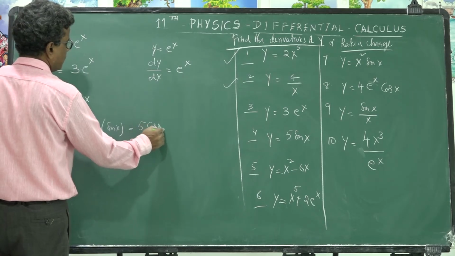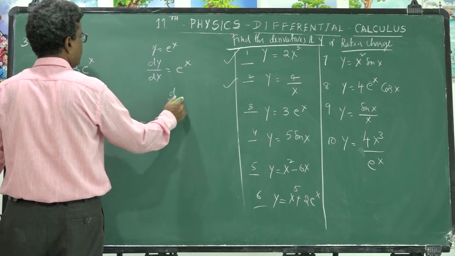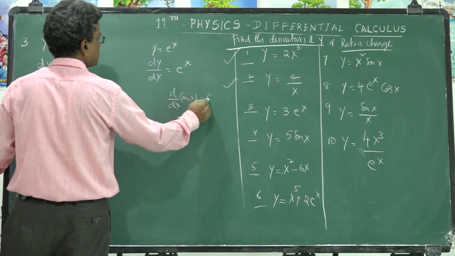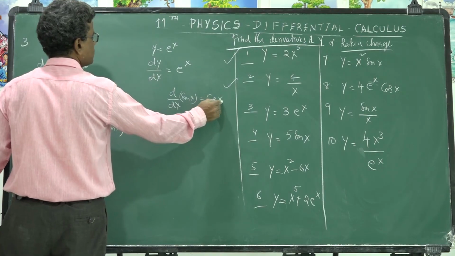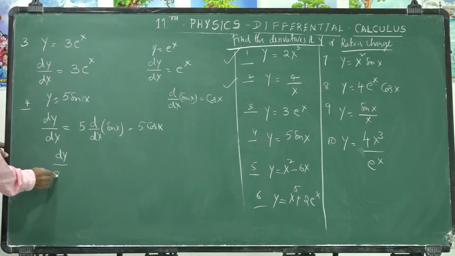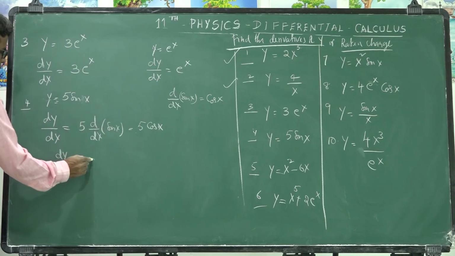Which formula am I using here? dy by dx of sin x is equal to cos x. So we have this formula, and I am using this. So what did we get? 5 cos x.